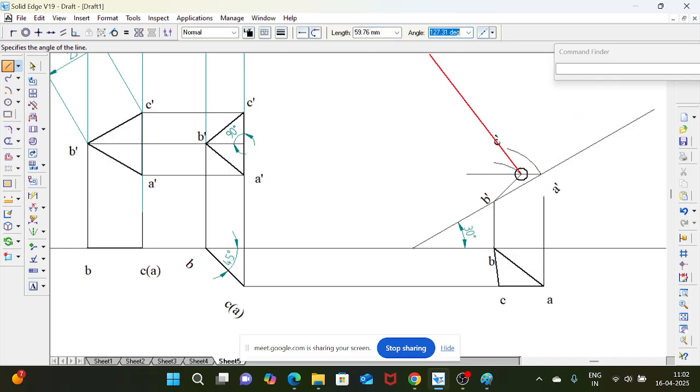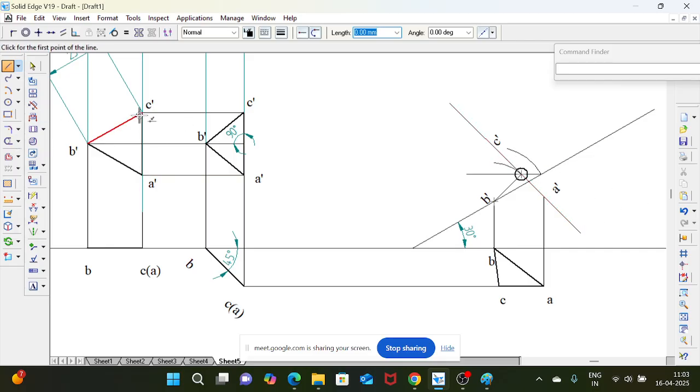It will be 135 in actual geometry. But you have to keep your protractor and take 90 degrees like this. Like this, you have to take 90 degrees.